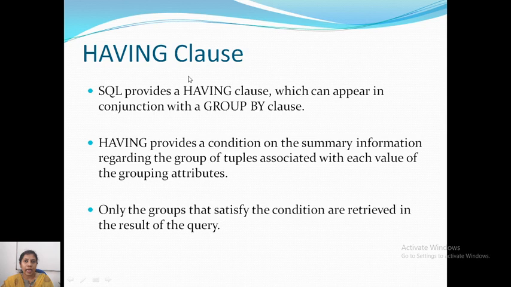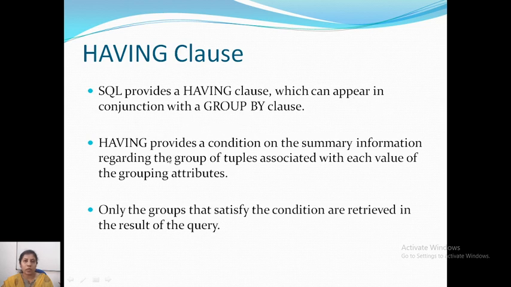Then next is the having clause. You have seen that when we apply a condition in the where clause, that condition is applied on the entire table, on the tuples which are there in that table. So for the entire collection of tuples, that condition will be applied. Now SQL provides a having clause which can appear along with your group by.